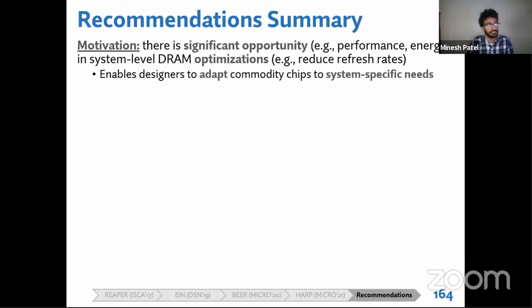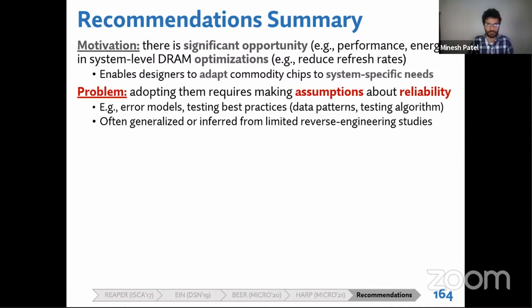Our motivation is that there is significant opportunity in terms of system-level metrics, such as performance and energy, by incorporating DRAM optimizations, for example, by reducing refresh rates or improving DRAM access latency and so forth. The problem is that adopting these proposals requires making assumptions about DRAM reliability.